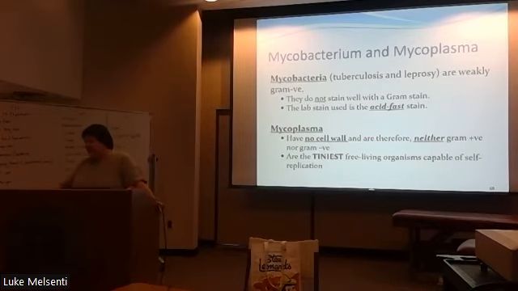But the important thing here is the mycoplasma. Mycoplasma have no cell wall, so they're neither gram-negative nor gram-positive. And they are the tiniest free-living organisms capable of self-replication. This was always something the boards loved, okay?